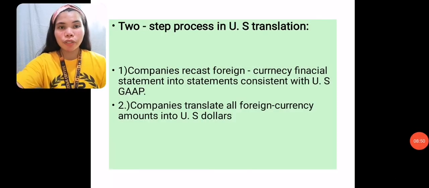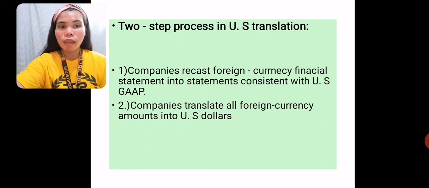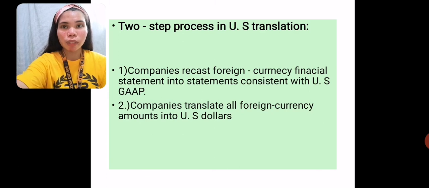There is a two-step process in US translations. First, companies recast foreign currency financial statements into statements consistent with US GAAP. This occurs because a US company with a subsidiary in Brazil, for example, must keep the books and records in Brazil according to Brazilian GAAP.